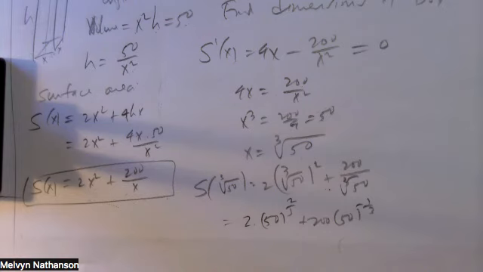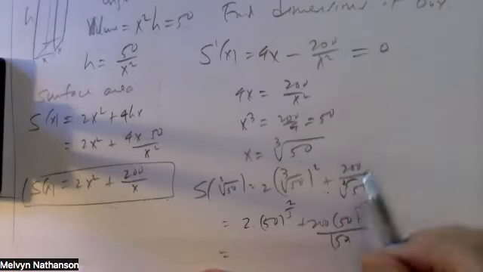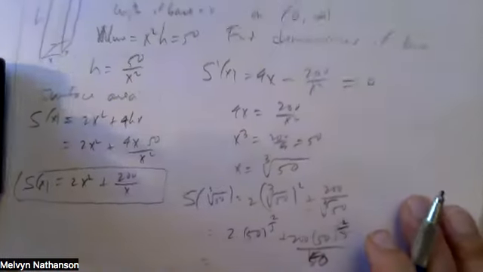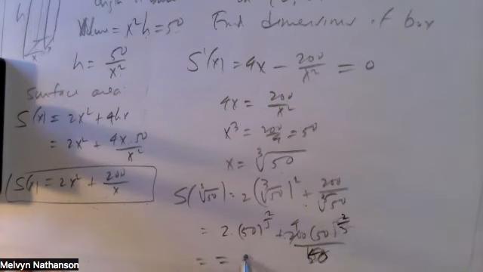Can we simplify that a little bit? 50 to the power minus 1/3 is the same as 50 to the 2/3 over 50. And 200 divided by 50 is 4. So it looks like I get 6 times 50 to the power 2/3.